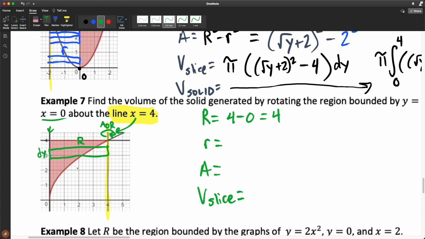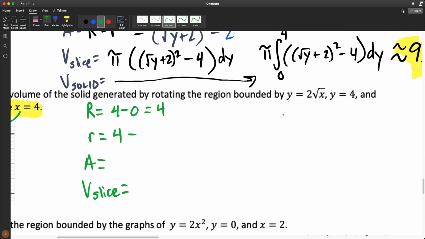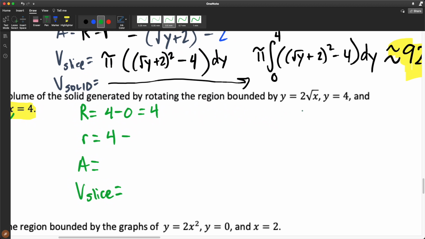Our little r is what changes depending on where we are, though. Okay, so here's our little r. And it's determined, again, right minus left, so 4 minus, and then this curve here, what is that curve? 2 root x. Alright, but that's y in terms of x. We've got dy strips, so we want to solve for x. So I'm going to divide by 2. And then I'm going to square both sides to get that x by itself.